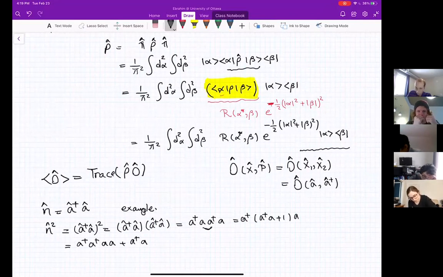That's another operator for which I can look for the expectation value.